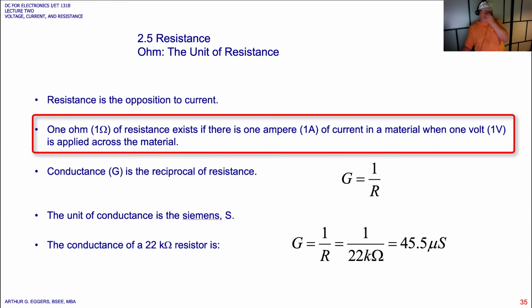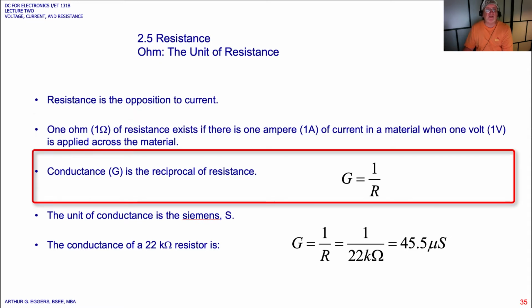Okay, so this becomes the basis for our current voltage relationships, or at least the current resistance relationship. We start looking at opposites or inverses. In this case, as resistance is the impeding of electron flow, there must be another way of looking at this in terms of how much electron flow then occurs.